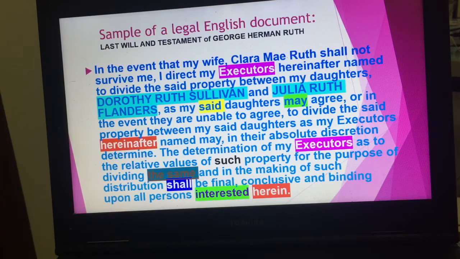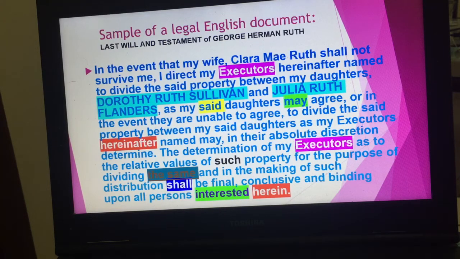Or in the event they are unable to agree, that if they don't agree, to divide the said property between my said daughters as my executors herein named may in their absolute discretion determine.